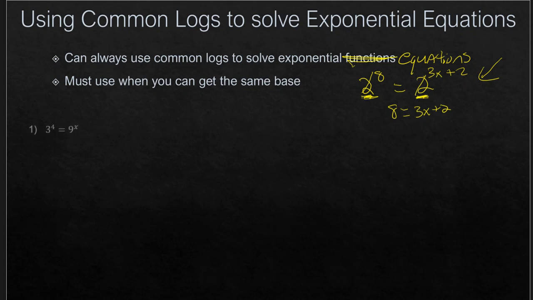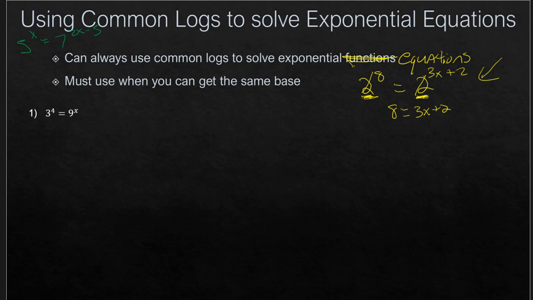So what I mean is, if you had something like 5 to the x equals 7 to the 2x, you know there's no way to get 5 and 7 by taking square roots or anything like that to be the same base. So in that instance, you would have to use the common logs to solve.